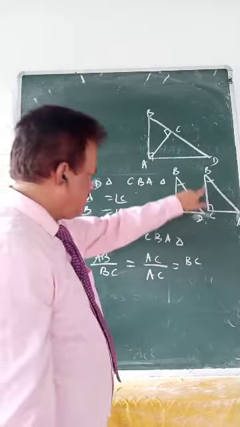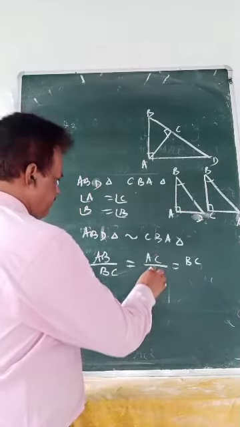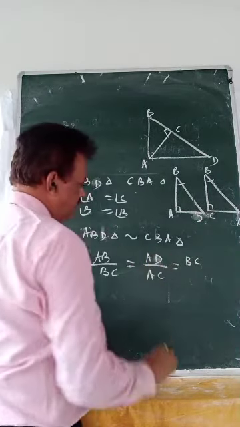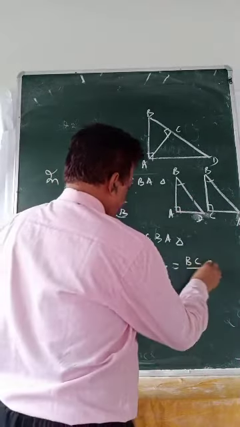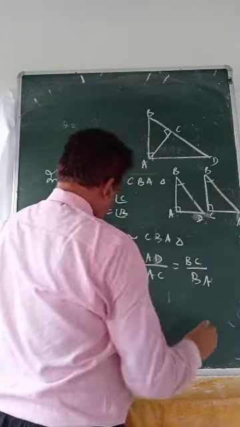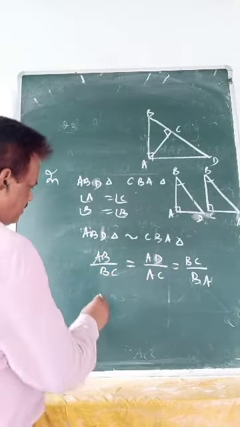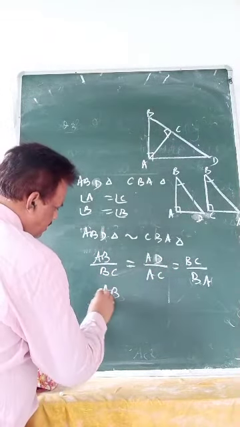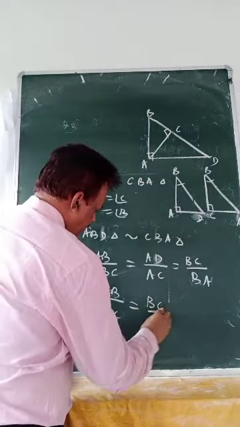AB by BC equals AD by AC, BC by BA. So these two are same.